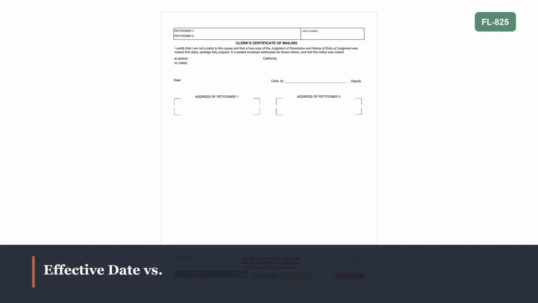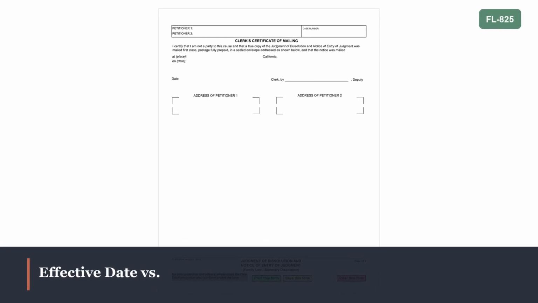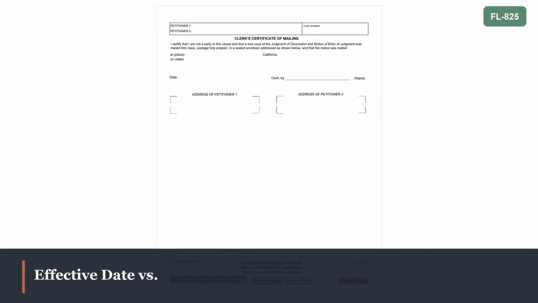Effective date versus entry date. Why the difference matters. FL-825 contains an explicit warning that is easy to miss. The date the judgment is entered, shown in Item 2, is not the date your divorce or domestic partnership termination is final. The date that actually matters is the effective date in Item 1A.